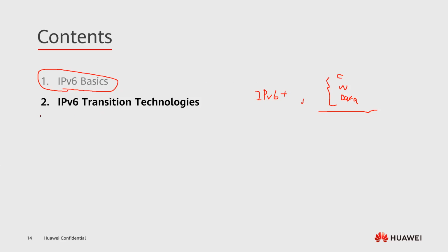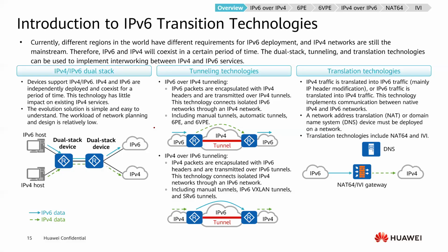Okay, and the next part, a key part of this slide, is the IPv6 transition technologies. The background for using transition technologies is that IPv4 is exhausted and the network needs to transition to v6.